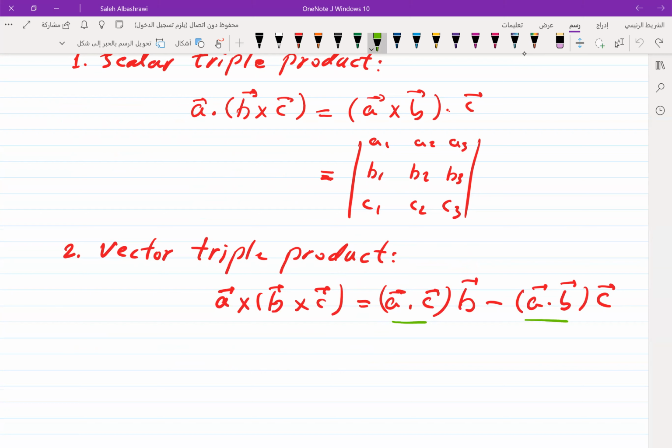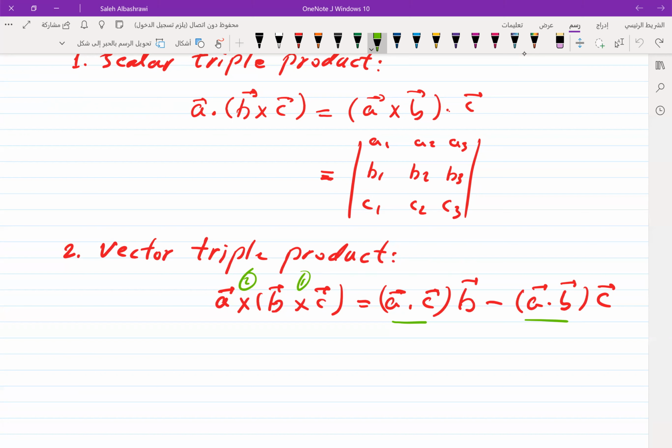These are constant or scalar values. A dot C is a scalar, A dot B is a scalar. This will be easier than finding B cross C first, then A cross the output of B cross C. So there is no need to do the cross product two times, because we have two ways. Either I find B cross C, then I find A cross the output.